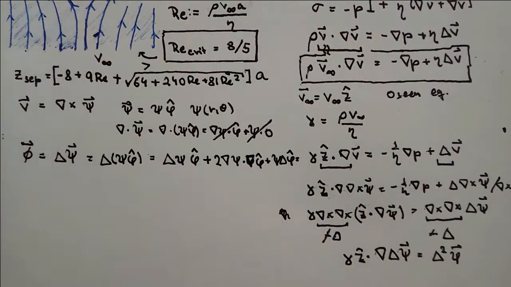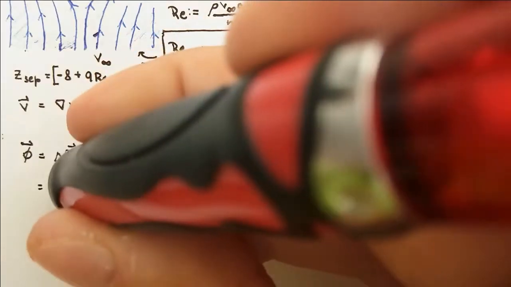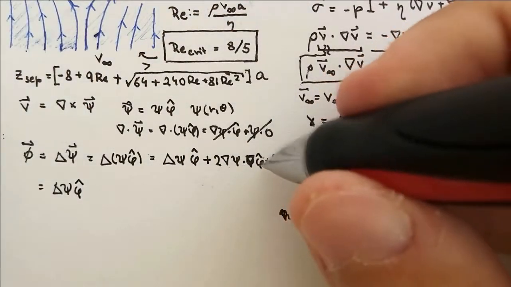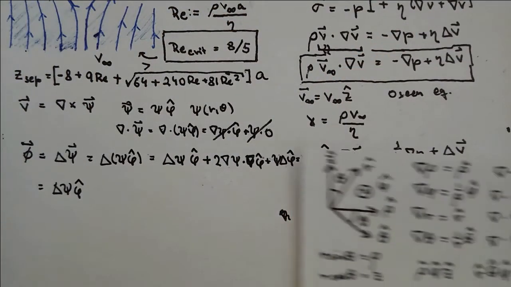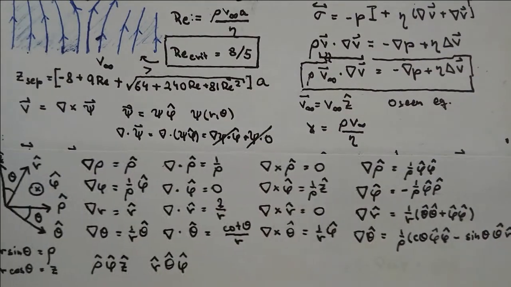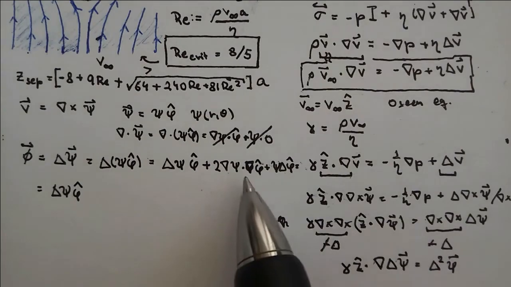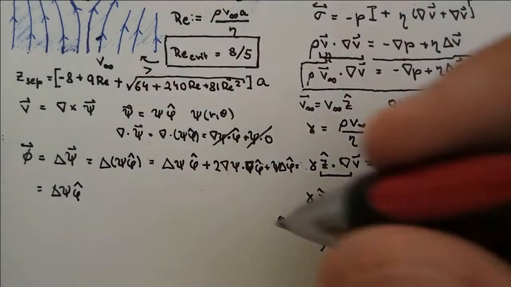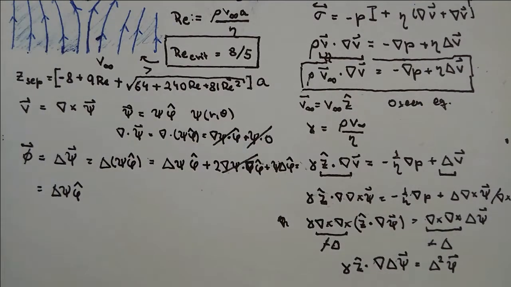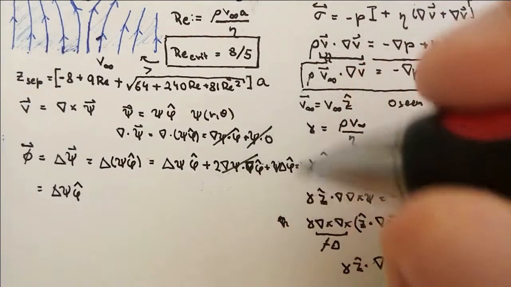This middle term is 0. Why? Because the gradient of phi is proportional to phi times something, so the dot product, this is not proportional to phi, so this is 0. And the Laplacian of phi we have to compute before.